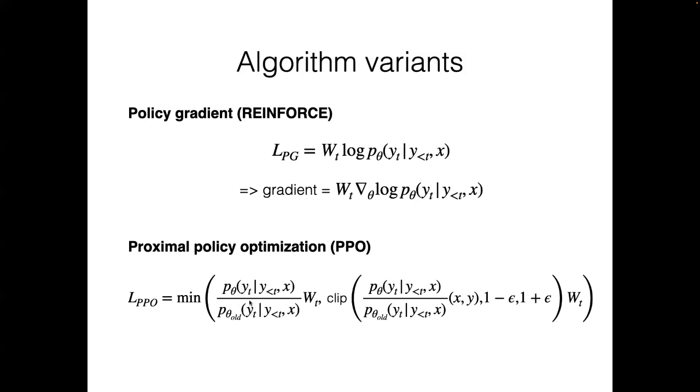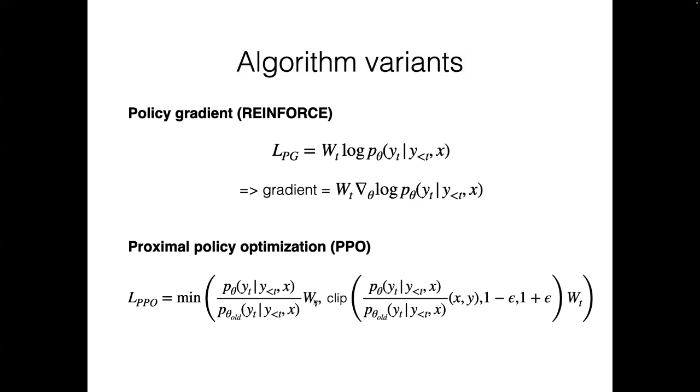The reason you have this ratio is to say we don't actually want to move too far from the old model inside of the update. I did talk about this for a bit in the previous lecture. Here we're going to focus more on how you do the weighting of the updates. But again, you have this clipping term, and it basically prevents the update from being either too large or too small. As a result, in practice, using this PPO loss can be a lot more stable than using this policy gradient up here.